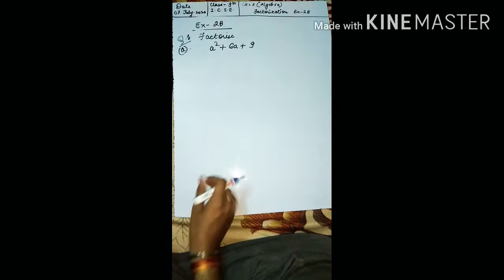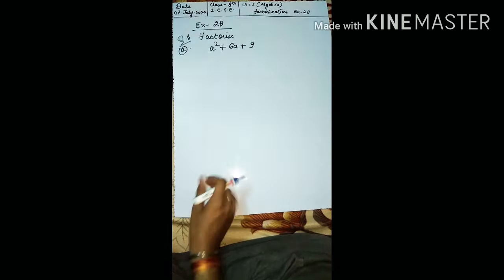So 9, which is 3 square. Now we can easily do it, because this is 2 into a into b, and when you multiply this, definitely you will get this term. Okay, all right. So this is the perfect square of (a plus 3) the whole square.